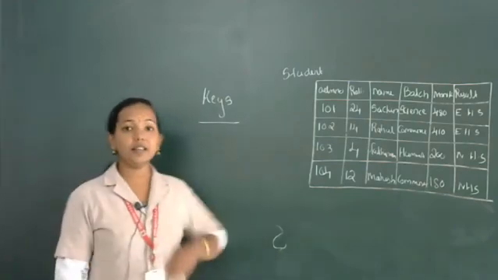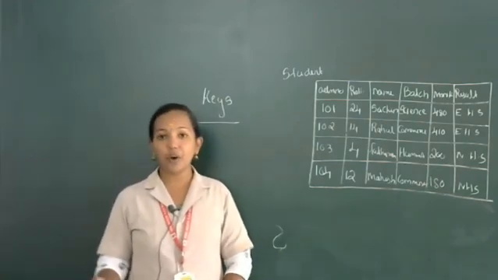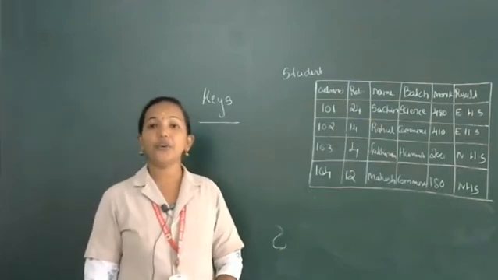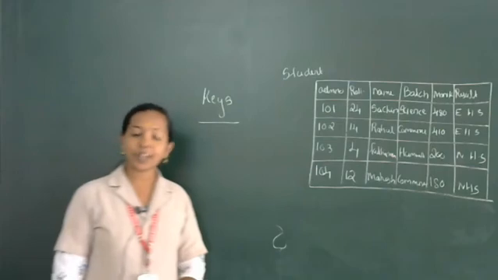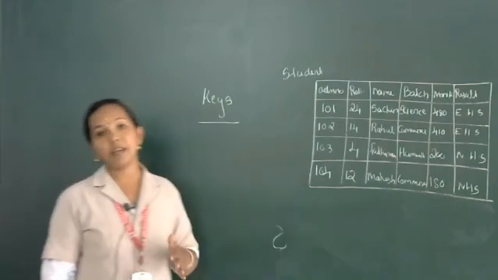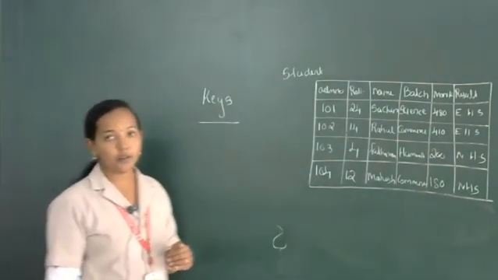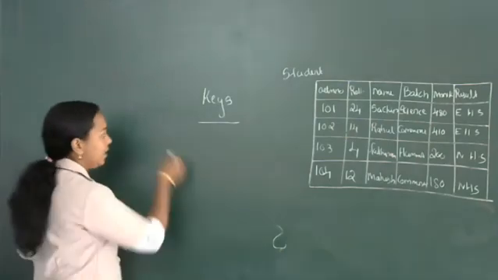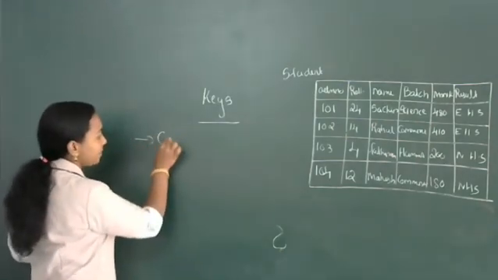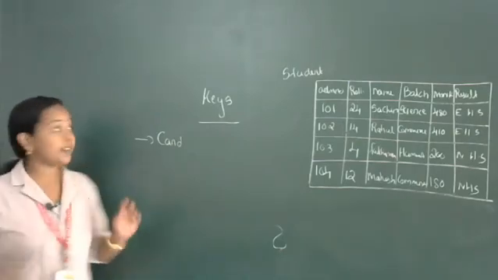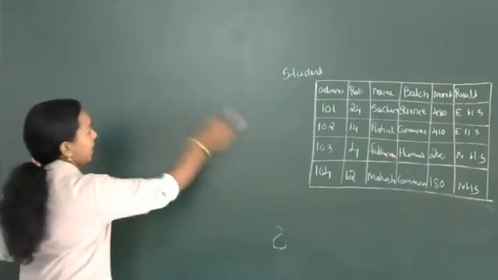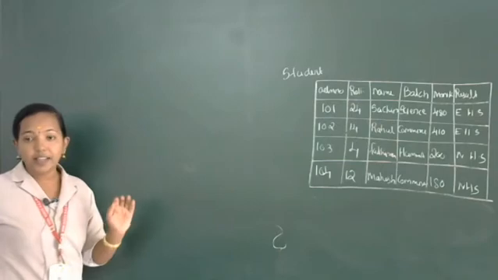Clear? So a key is an attribute or set of attributes used to uniquely identify a tuple from a relation. In RDBMS there are different types of keys available. So we will start with the different types of keys in DBMS, beginning with the candidate key.